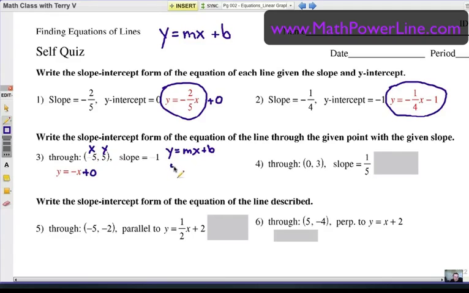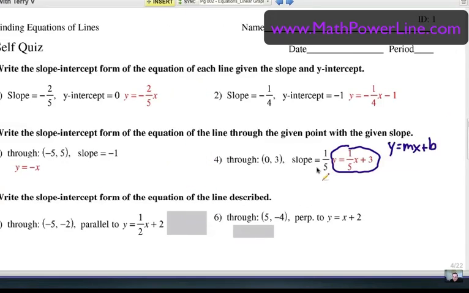So positive 5 equals, now the slope is negative 1, right? So negative 1, and the x value again was negative 5, plus b. Now we keep working through that. 5 equals 5 plus b, and we realize b is 0, so there we go. That is my answer. Slope negative 1, y-intercept 0.